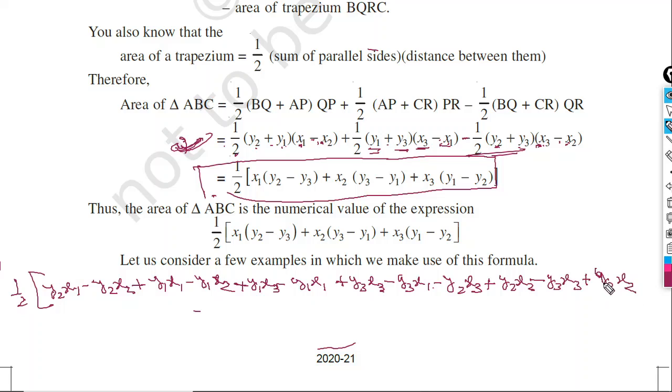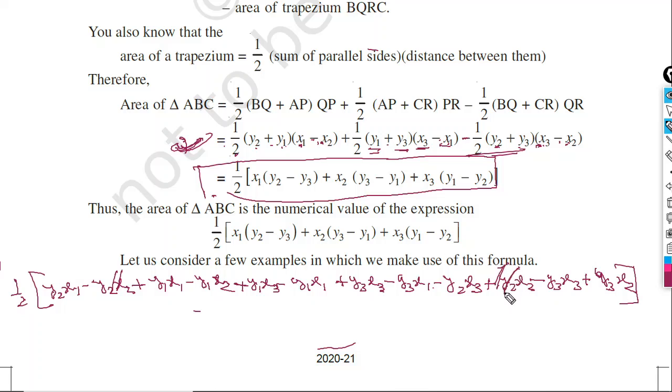Here the signs have been changed, so complete the bracket. Now you can see some terms can be cancelled here. Your second term, minus y2 x2, can be cancelled with plus y2 x2.